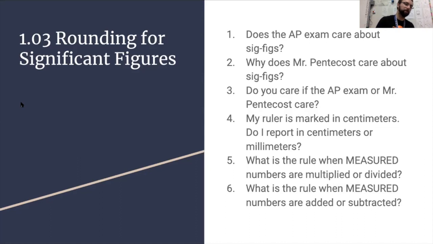Number 4, my ruler is marked in centimeters. Do I report in centimeters or millimeters? Now, some rulers will have those tiny little millimeter marks, so you can actually see which millimeter mark you are closest to. That's not the case on all rulers. So if you don't have those millimeter marks, should you guess and say, well, it's kind of at the quarter, maybe it's a quarter past or a half past or 3/4 past that centimeter mark?